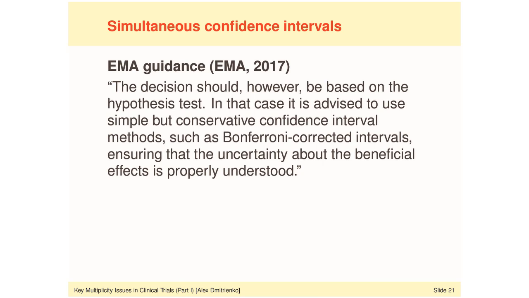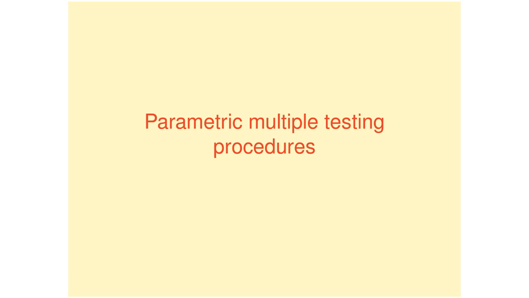And when it comes to confidence intervals, simply present the univariate or unadjusted confidence intervals, but make it clear that these intervals are not corrected for multiplicity, and they may be inconsistent with the multiplicity adjusted p-values. Those univariate confidence intervals simply serve as a general reference point, and they should not be overinterpreted.